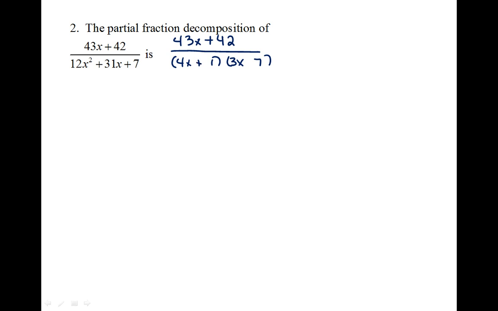Okay, so notice 4x plus 1 is a linear factor, and 3x plus 7 is a linear factor. So that means when we set up our partial fractions, we can set that up as a constant a over 4x plus 1 plus a constant b over 3x plus 7.